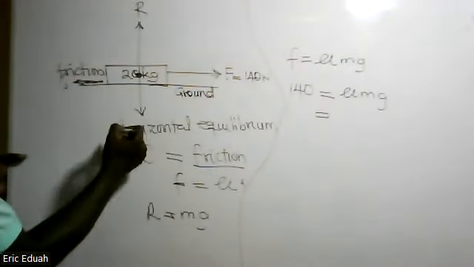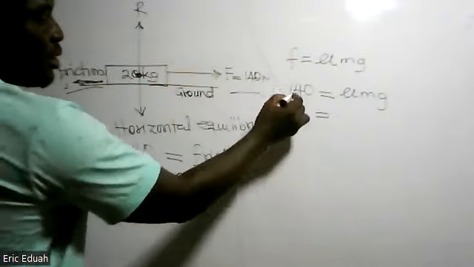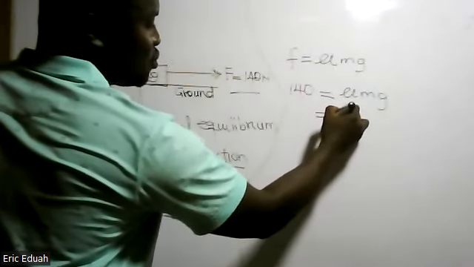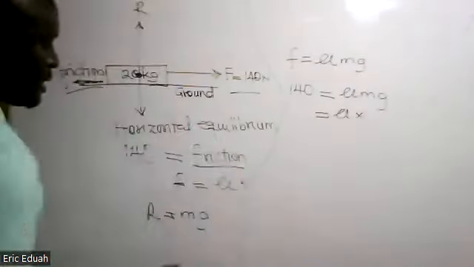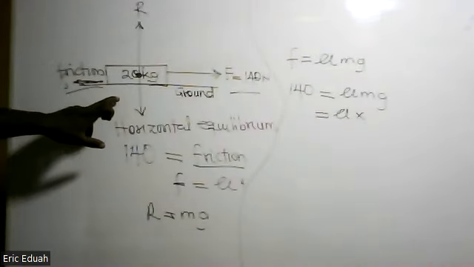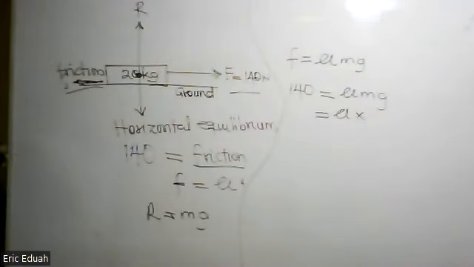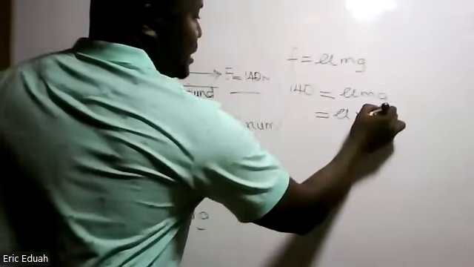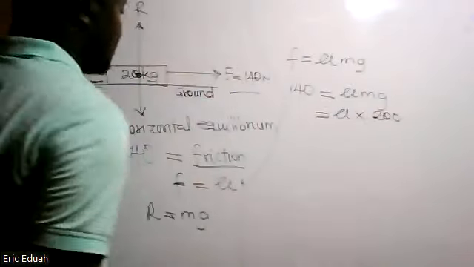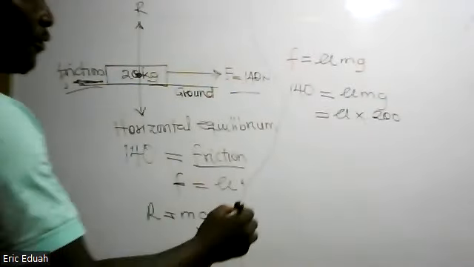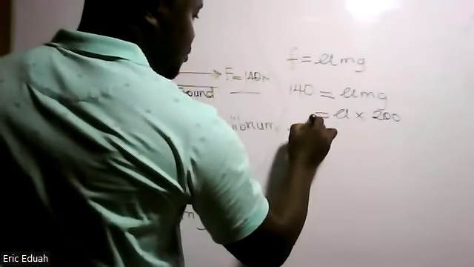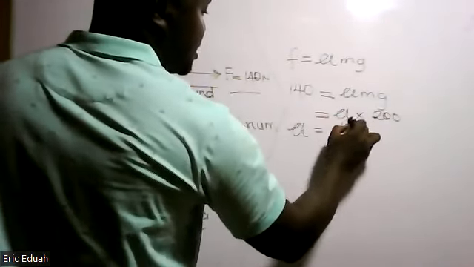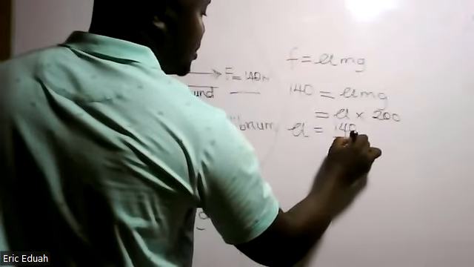So because horizontally, this is equal to this. 140 Newton is equal to mu, which we are looking for, times mg. What is mg? mg is 200. Therefore, mu is equal to 140 divided by 200.